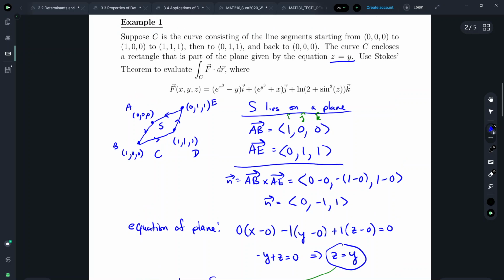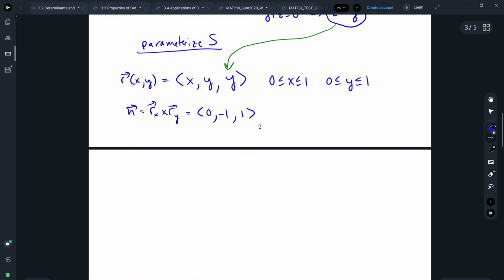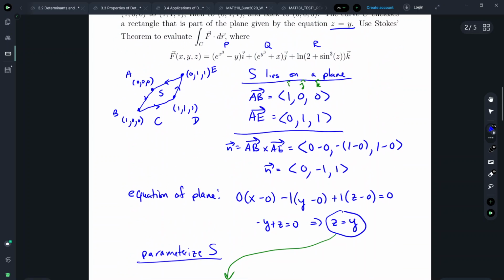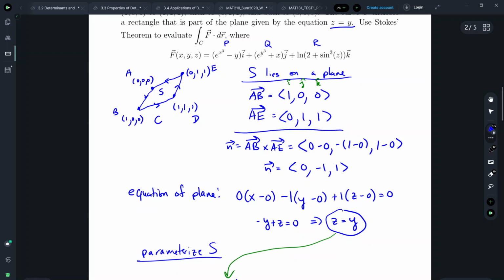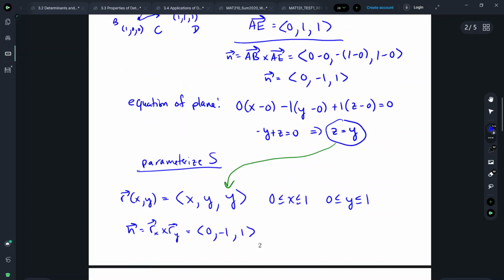Right, so this is P, this is Q, this is R. Right, so I need to calculate the curl of F. So what are P, Q, and R again? So P is this e to the x cubed minus x.